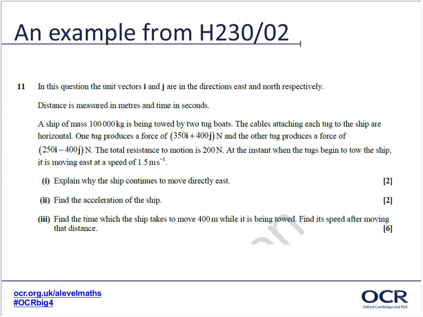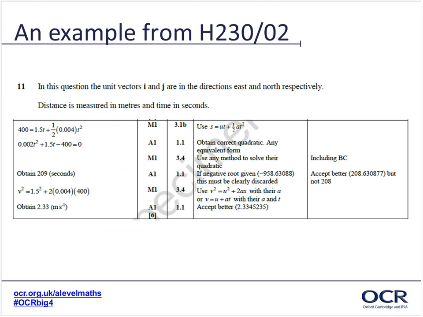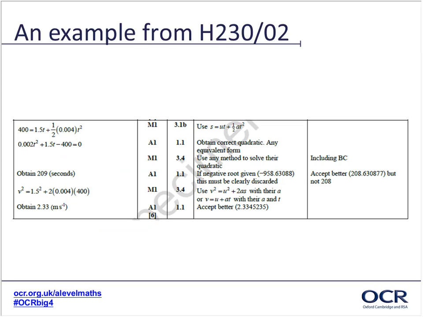So this is an example. This is the same example as before. Yes, I've got the mark scheme there. So as you do this, the last part of the question, the kinematics, you're using s equals ut plus a half at squared. You obtain a quadratic, which is certainly not a horrendous quadratic to solve by hand, but why bother? It seems a bit silly to require them to write out the quadratic formula and substitute the values in.